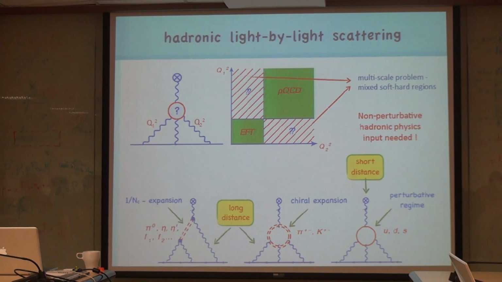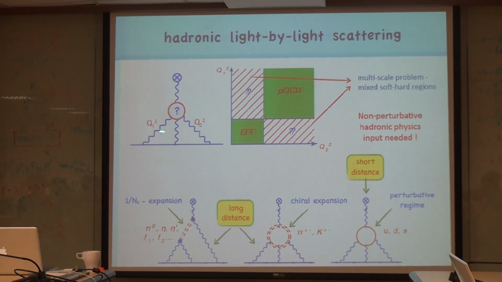If you do chiral perturbation theory, if you look at this object here, light-by-light scattering, the leading contribution, the chiral loop contribution, is just coming from a pion loop, and then you can go to higher kaon loops and so on. So a pion loop will be a dominant contribution. Basically, it's a pi plus pi minus here.